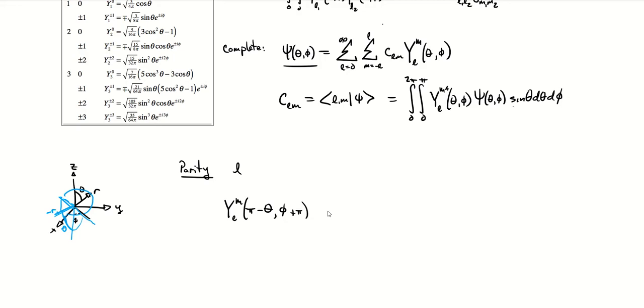So this is what you get when you invert r. That is equal to (-1) to the l of whatever the function is at theta and phi, right? So the parity on switching r from positive to negative is determined by this l.